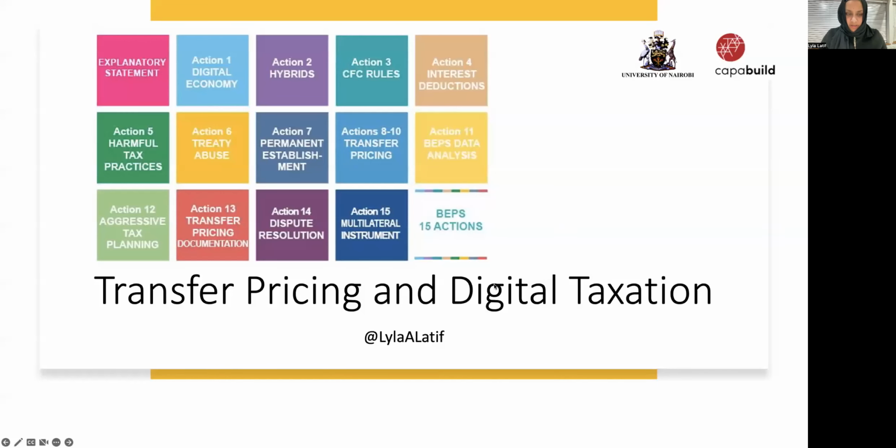So without much further ado, we shall just get started on the topic of transfer pricing and digital taxation. Over the course of the days, you have heard several speakers address the general legal framework and salient features that characterize transfer pricing and give insight into the mechanics of transfer pricing.